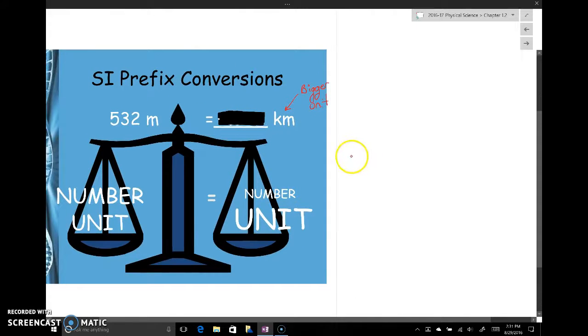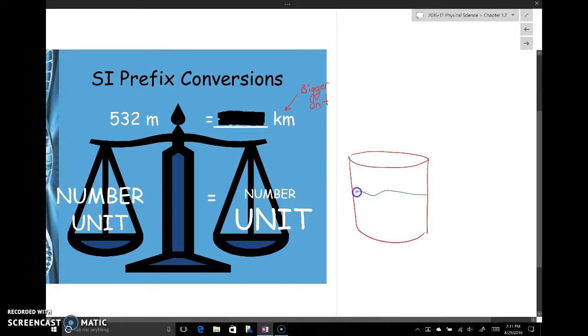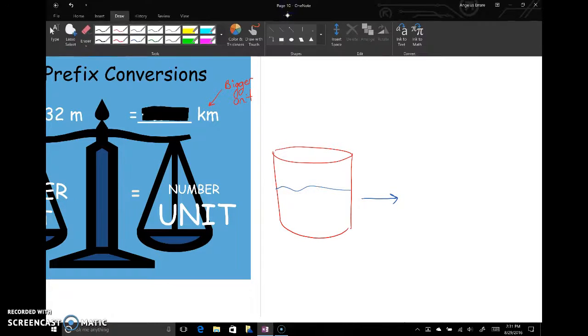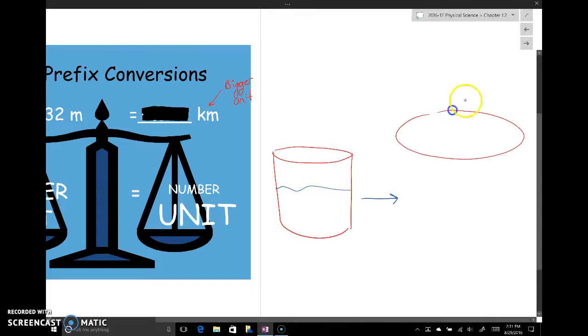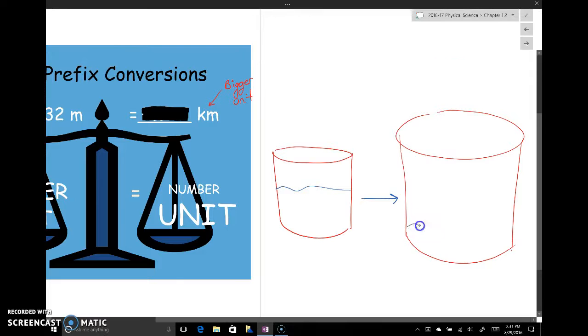Here's a way to think about this. Let's say that the original unit we have is in a cup, and we fill that cup with water. If I want to pour out that water into a new cup, and the new cup is bigger, meaning the new unit is bigger than the old one, the water level won't be as high.